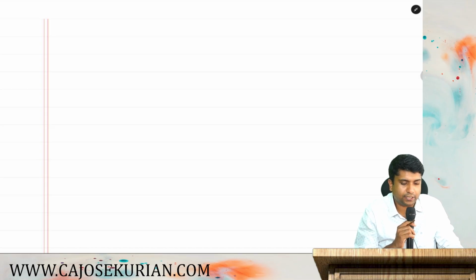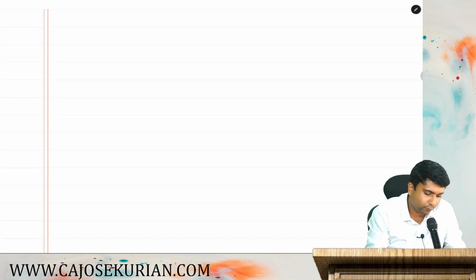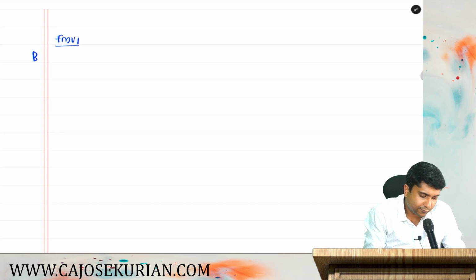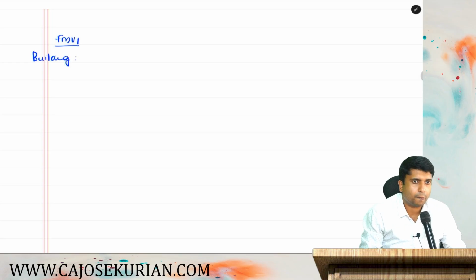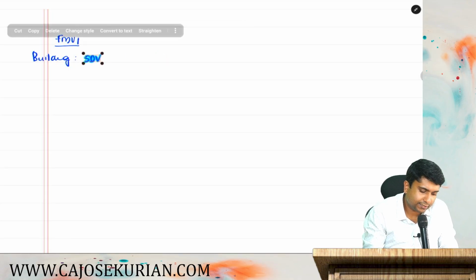So the first thing that you have to compute is FMV1. So we'll be computing FMV1 first. How do we compute FMV1? You take the balance sheet assets first. The first asset is building. Building, what value do you have to consider? It is the stamp duty value. While computing FMV1, you have to take the SDV, that is 10 lakh in this question.